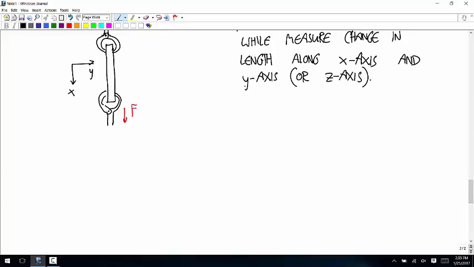From these measurements, you can calculate stresses and strains, normal stresses and strains. And the Young's modulus is the normal stress along the x-axis divided by the normal strain along the x-axis. And Poisson's ratio is equal to the negative strain along the off axis, so I'll call that epsilon YY, divided by the normal strain along the loading axis.